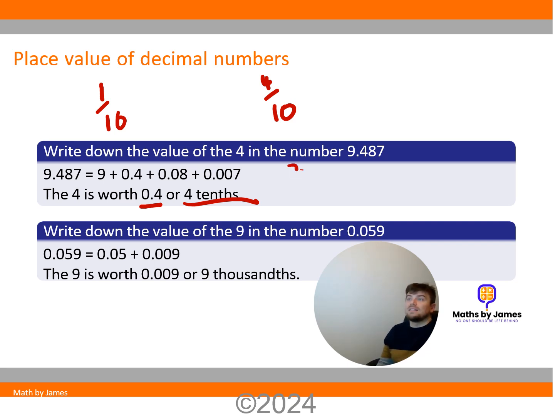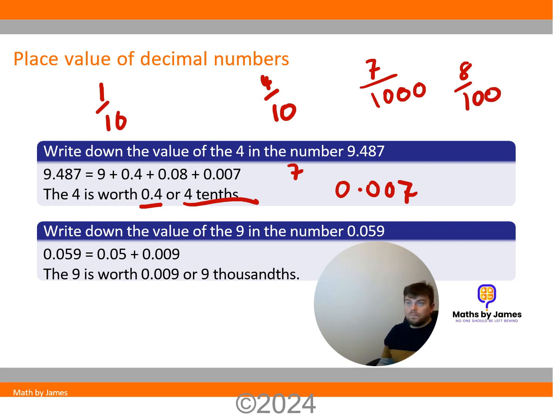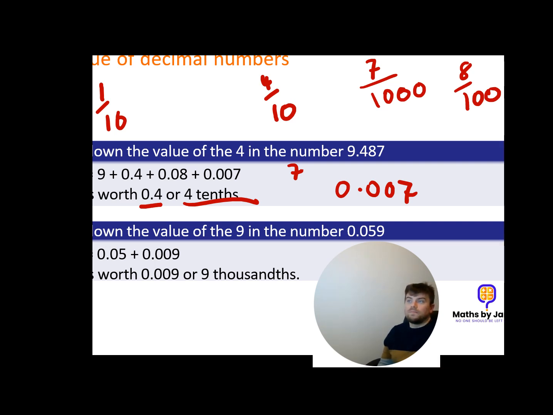So if we were to get the 7 in this number, that would give us 7 thousandths, or 0.007, or 0.8, which would be 8 hundredths. So write down the 9 in the number 0.059.